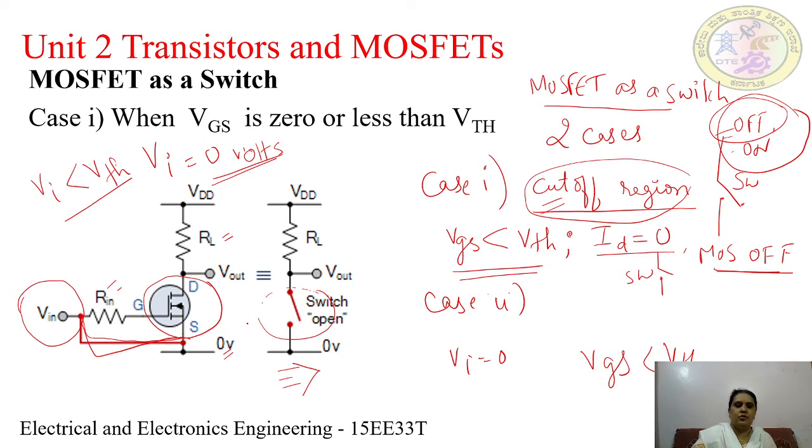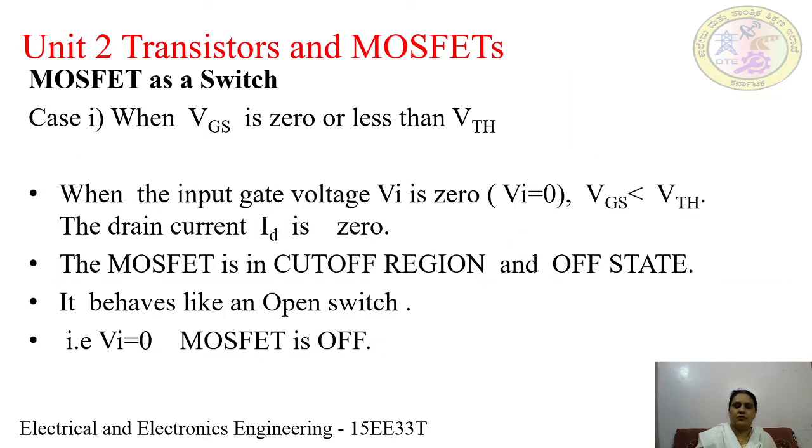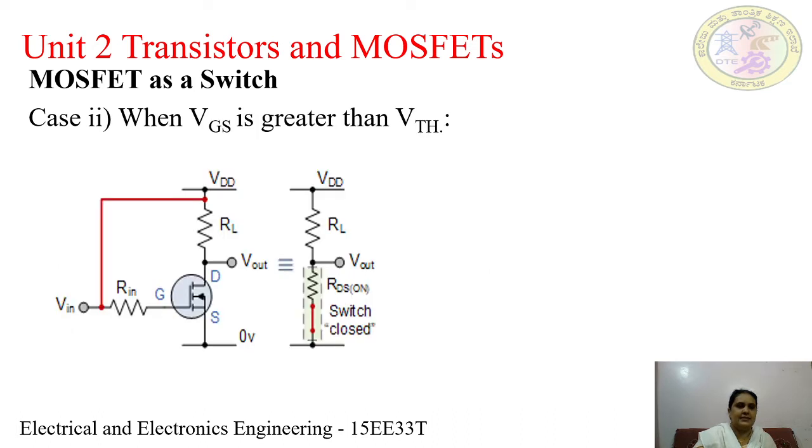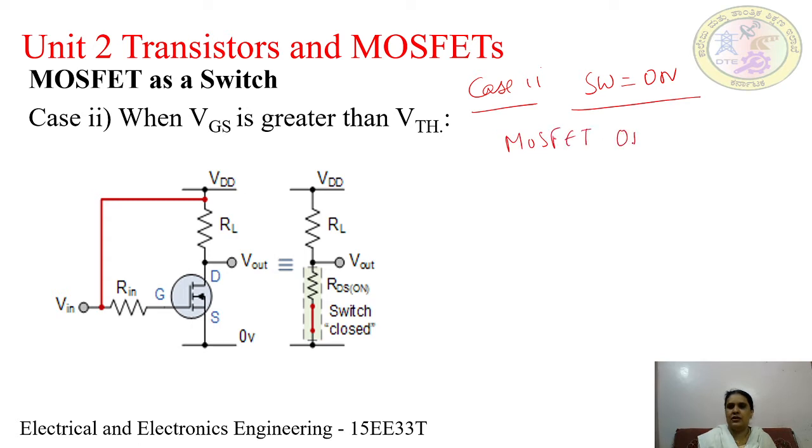Let us move on to the next case, case 2, where we make the switch on. When the switch is on, it means the MOSFET should be on. The MOSFET will be on when the value of VGS is greater than VTH.